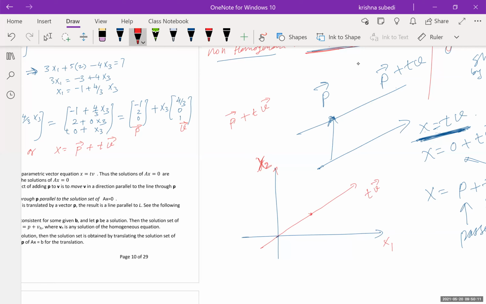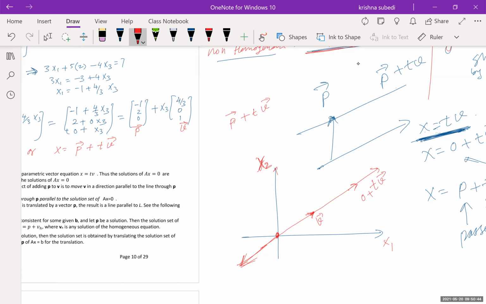So here is a vector V, and tV means it's just a straight line. It goes forever. If t is 1, then this is the point, this is the vector. If t is 2, then this is just the double. If t is 3, then this will be 3 times. If t is -1, it will go in this direction. So you will get tV is a line passing through the origin.